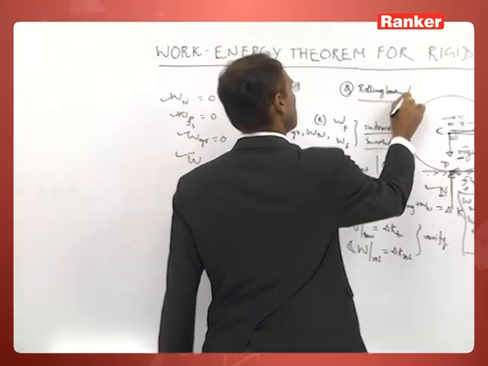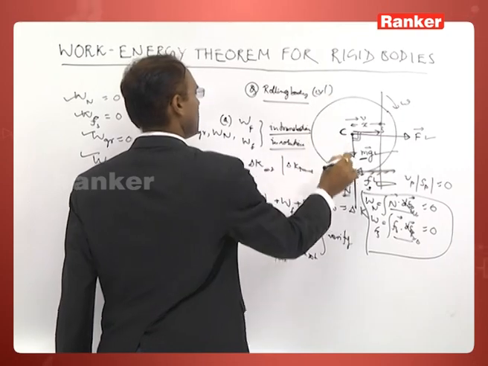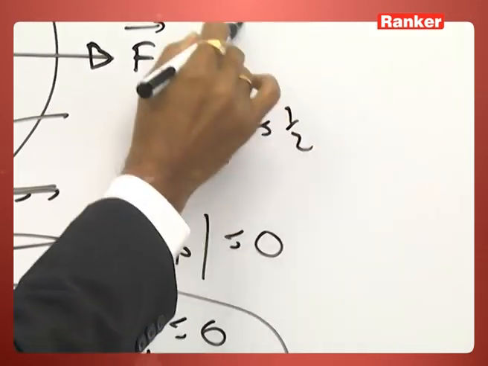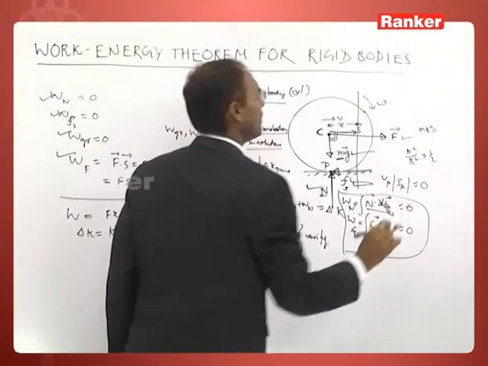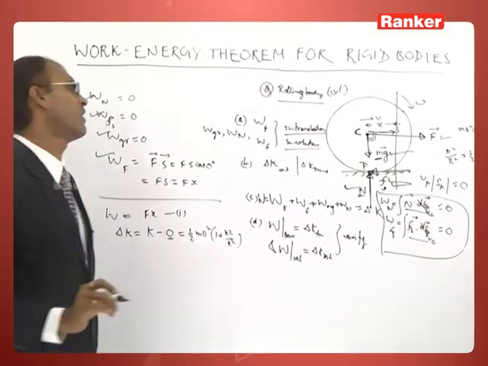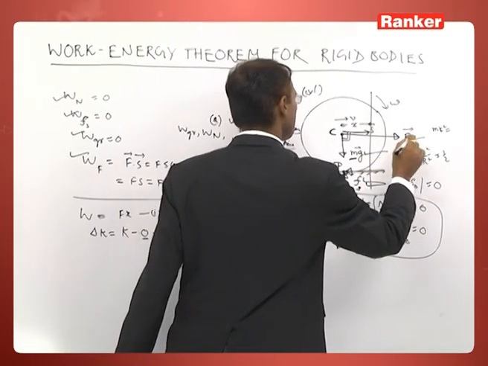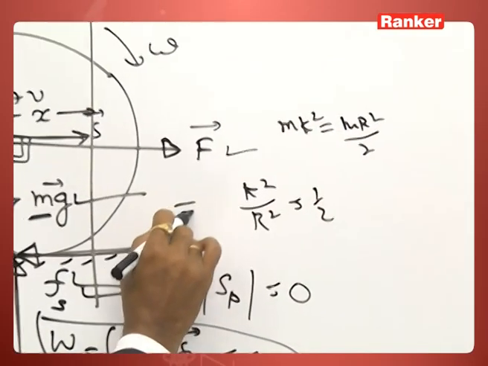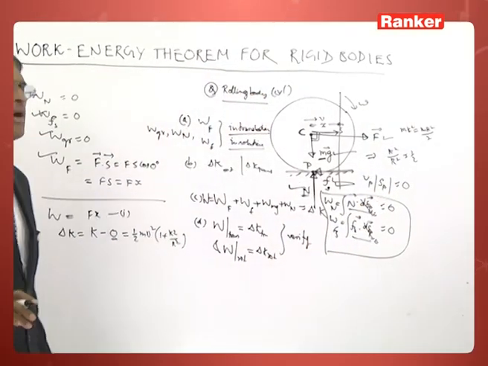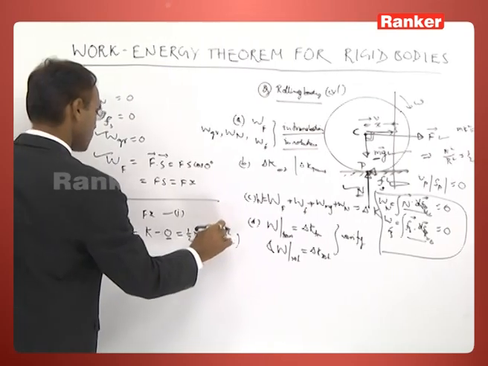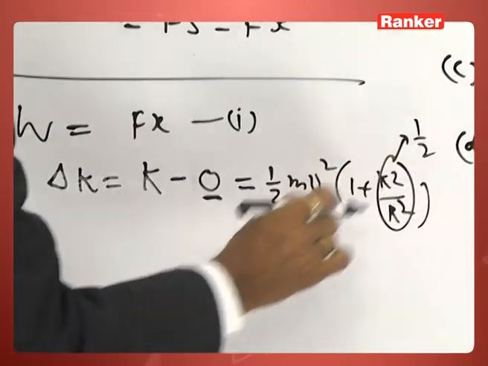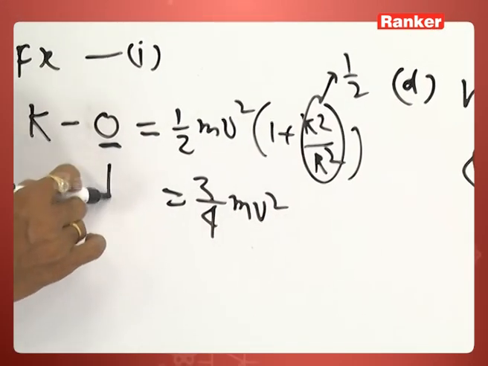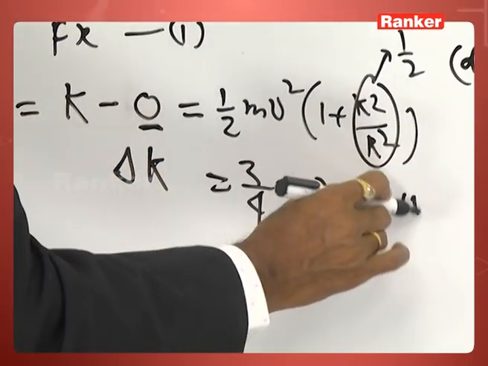If it is, say, a cylinder, k squared by r squared for the cylinder is equal to half, because m k squared, the moment of inertia of the cylinder about the center of mass axis, z axis, is equal to m r squared by 2. Therefore, k squared by r squared will be equal to half. You can substitute k squared by r squared equal to half. So you are getting 3 by 4 m v squared. That is the kinetic energy. Equation number 2.